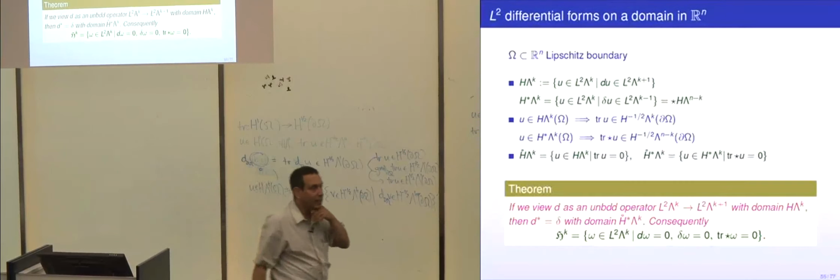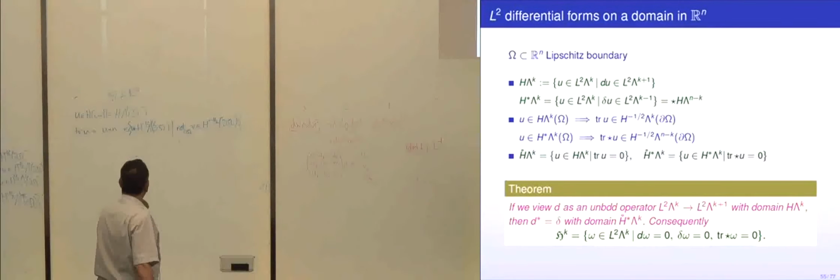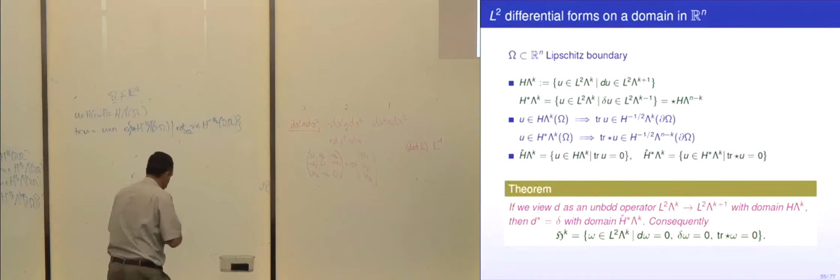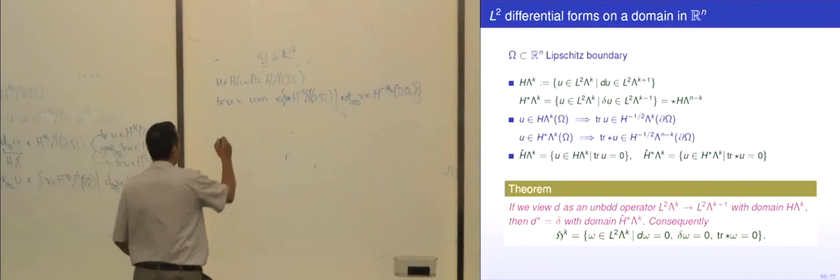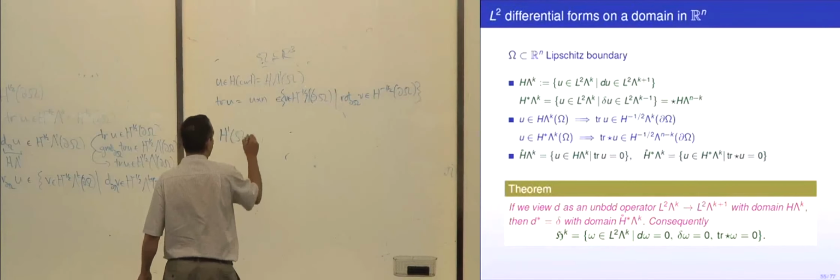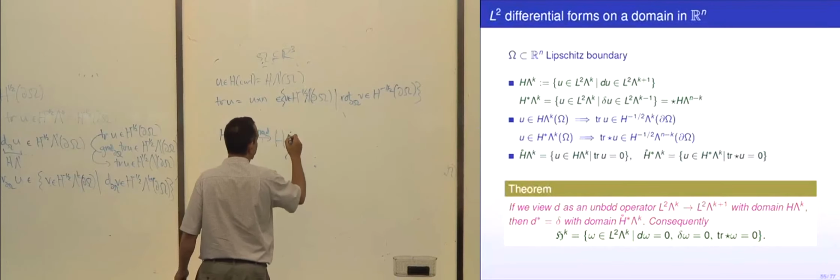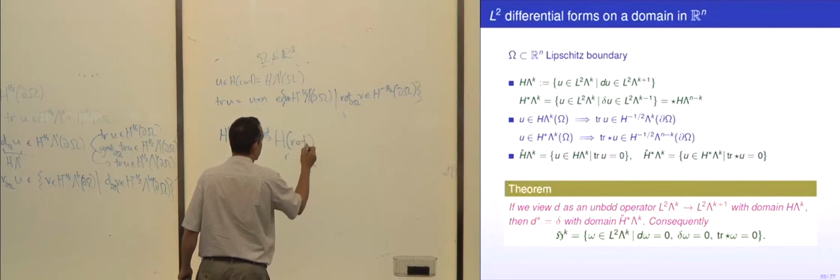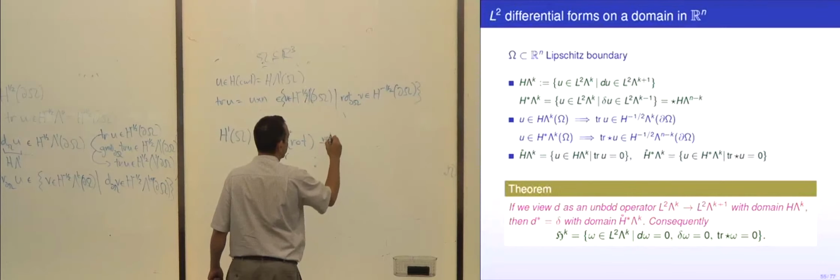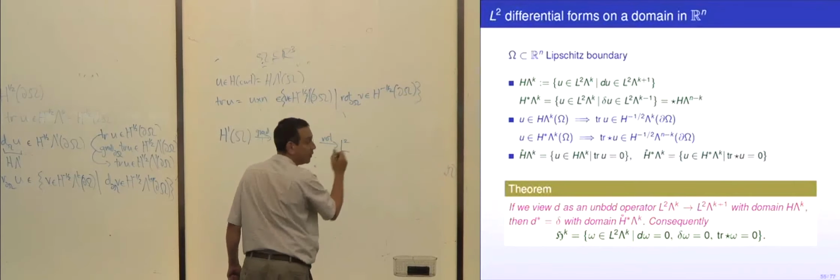What's that? This is the 2D sequence. When we write it down, we have h1, gradient gets us to vector fields, which I call h-rote, and this is the scalar curl that takes a vector field to a scalar field, right?